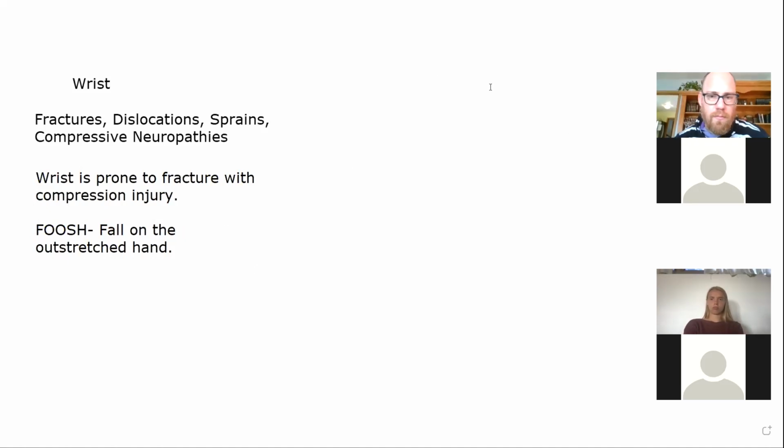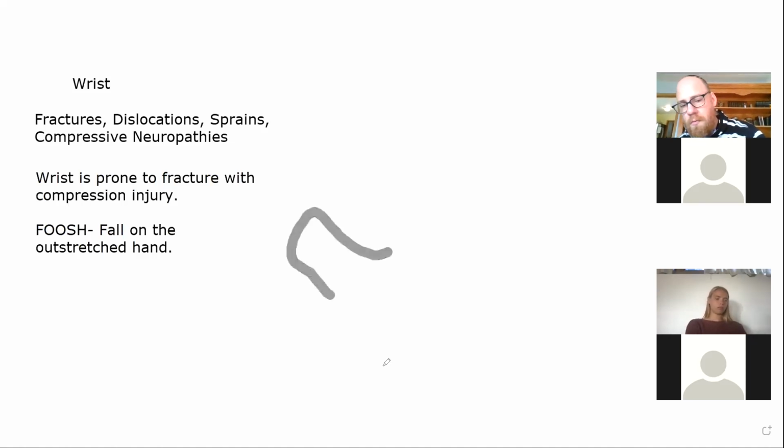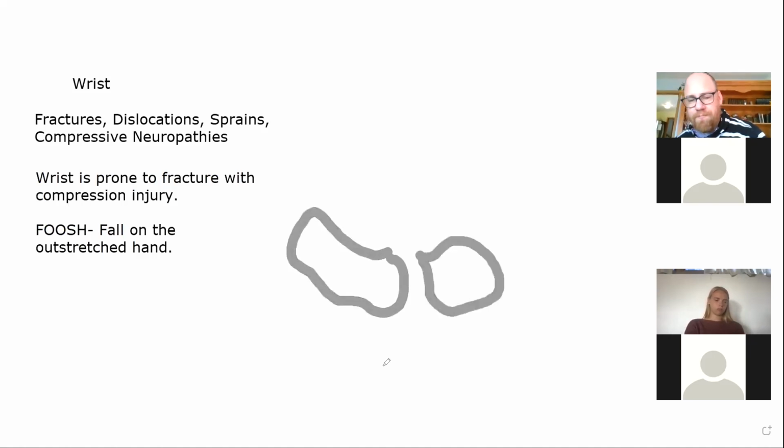And next to this bone is the lunate. The scaphoid has essentially a head and a neck. It can break anywhere, but it typically breaks at the head and neck junction. So you'll typically see a fracture here, or maybe here. Generally, these are not mid-substance all the time.